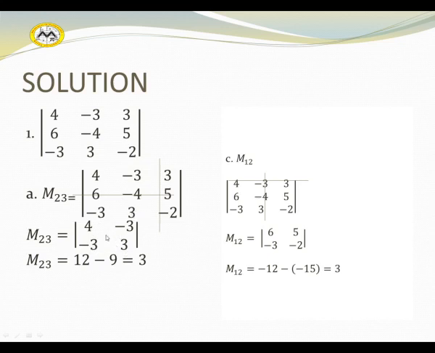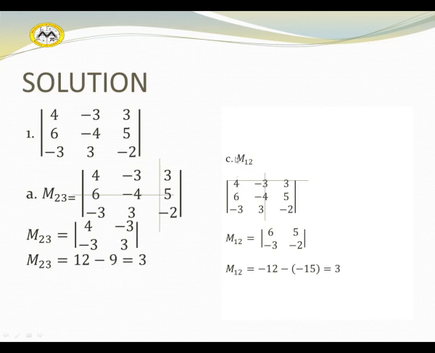Evaluating this 2 by 2 determinant is simply multiplying the principal diagonal downward, 4 times 3, that will be 12, minus the diagonal upward, negative 3 times negative 3, that will be positive 9. 12 minus 9 is equal to 3.